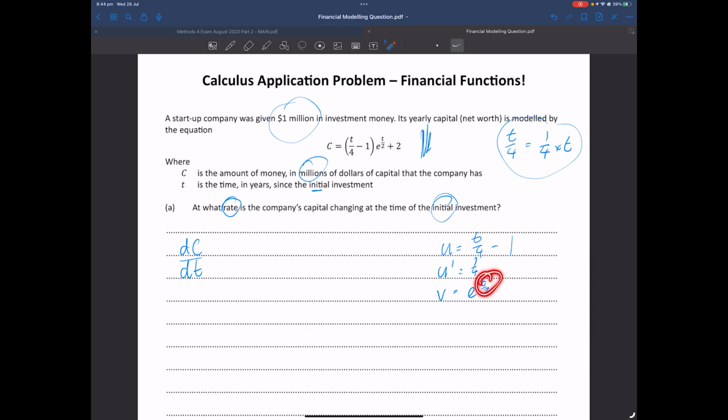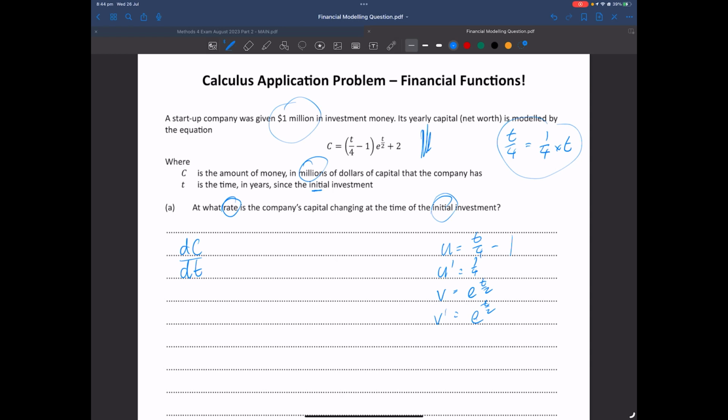But because it's got a t there, I know that's going to be a power. Now, we know the derivative of e to the something is e to the something, as long as we've got some sort of variable there, like I was saying a second ago. So it's going to be e to the t over 2, like so.